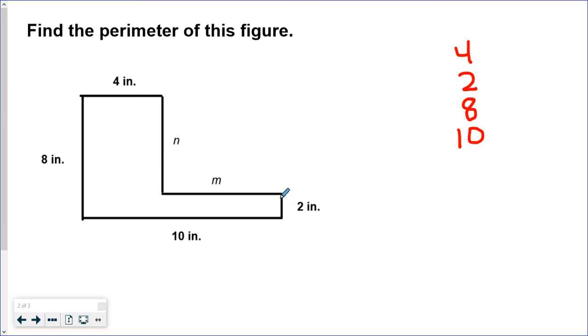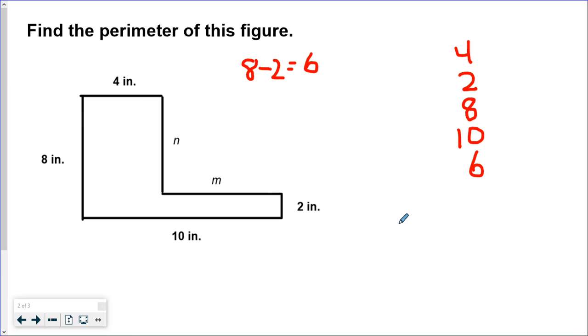If I took this 2 and this n and combined them together, it would equal the length of this line here, which is 8. So to find n, I'm going to subtract 8 minus 2. 8 minus 2 is 6. That means n is going to be 6, so I'm going to put a 6 here.